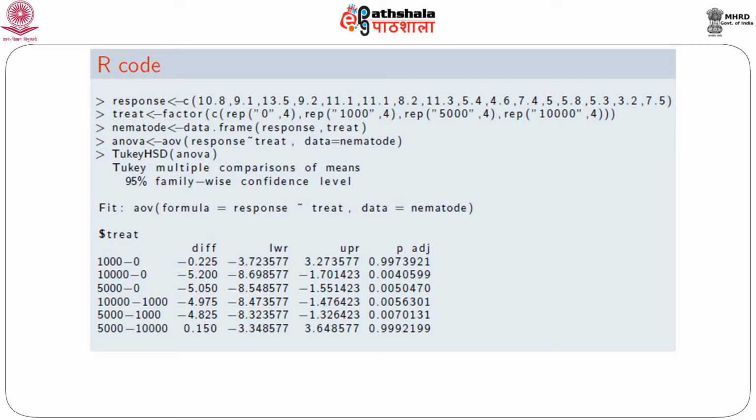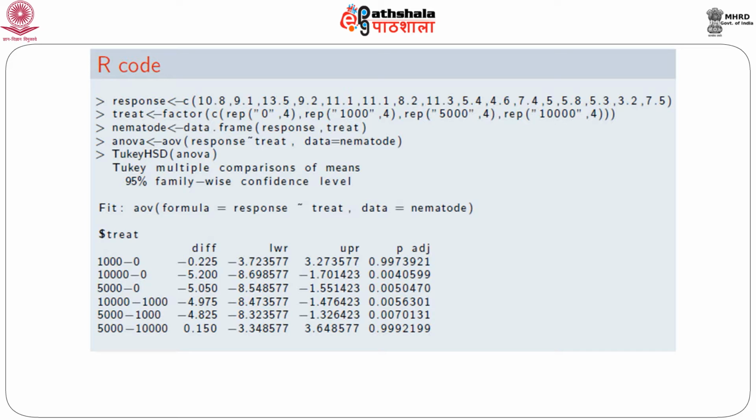Incidentally, for this particular example, you can actually omit the third line and also omit data equal to nematode from the fourth line. Okay.